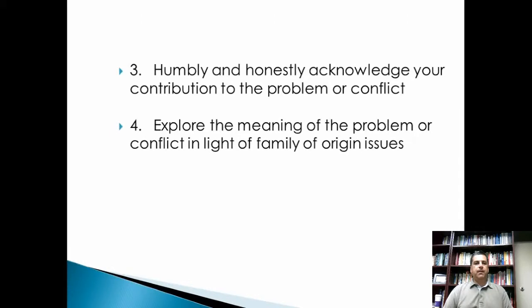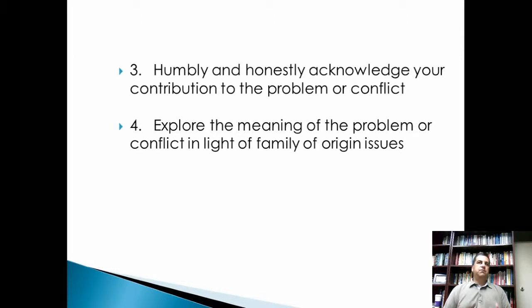We can discuss that. The fourth step, and by the way, step three is something I think is much easier for Christians than for non-Christians, to be humble like that and to say how they contribute. In the non-Christian world, conflict resolution is a lot like negotiation. You would never want to show how you contribute to the issue with humility, because you would lose bargaining power, you would lose leverage in the negotiation process.